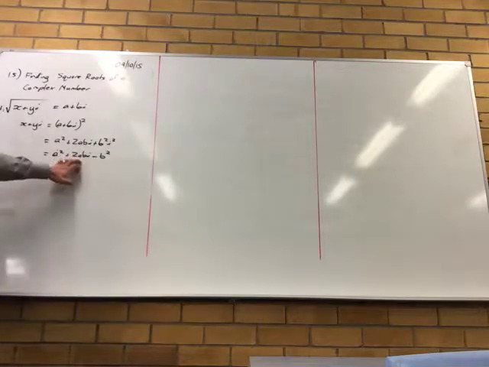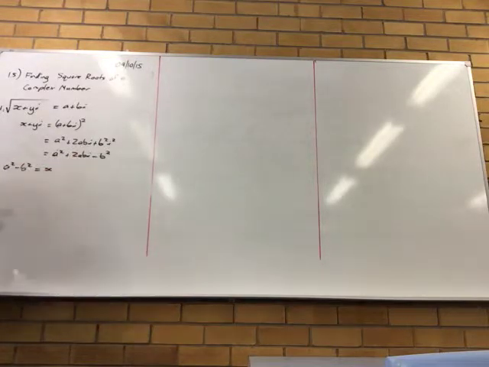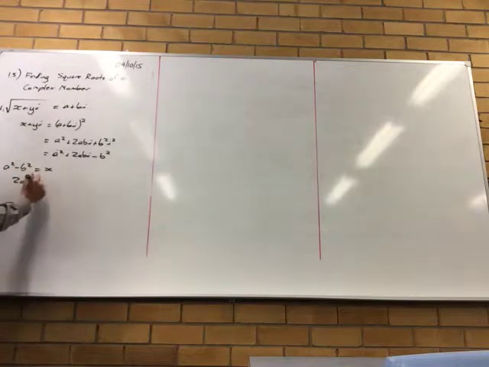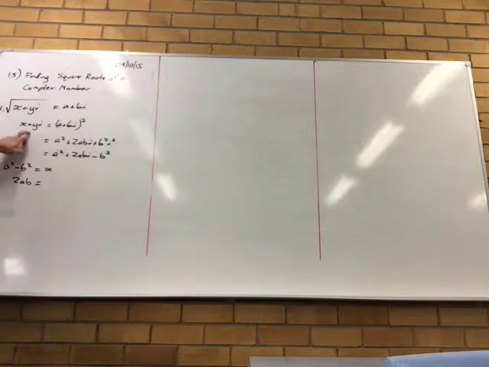And the imaginary part, 2ab, must equal the imaginary part over here. And this is the concept we use to get square roots of a complex number.